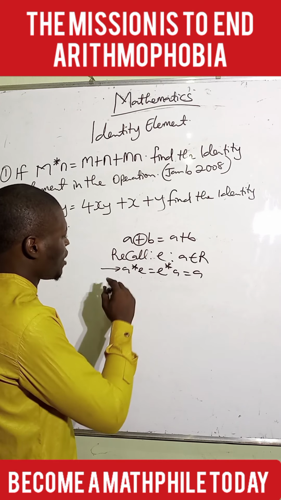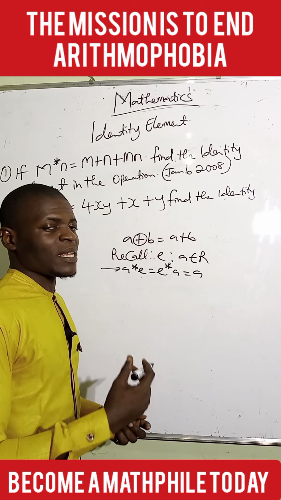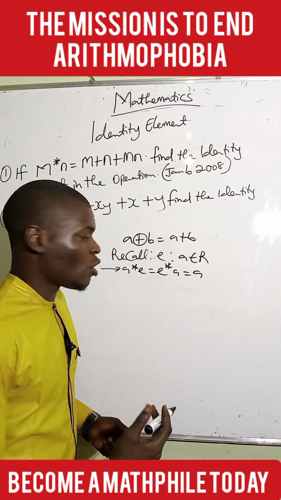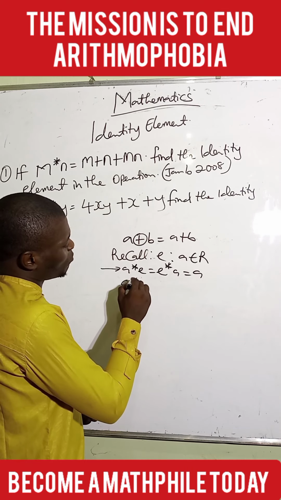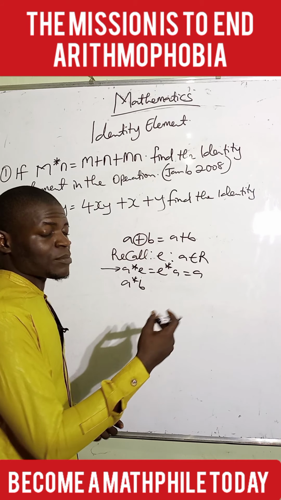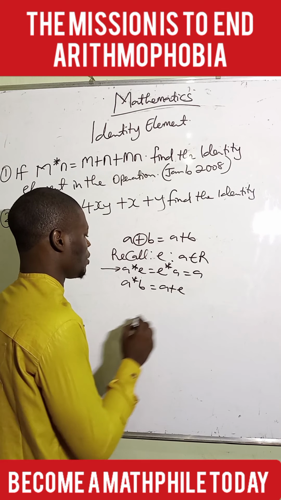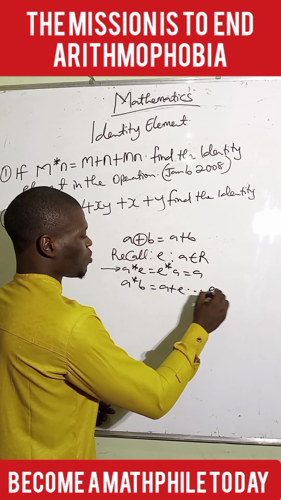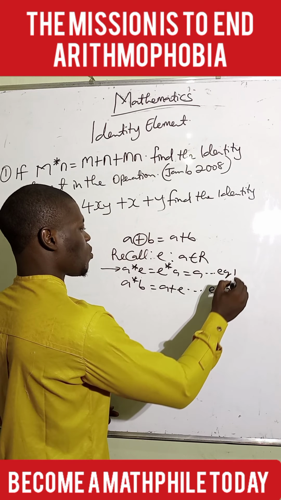All right. Now we are going to reflect this identity element in the equation, that is, by the definition of the binary operation. We shall now have A operation E. This sign and this sign simply mean the same thing, operation, equal to A plus E. Here is equation 2, while here is equation 1.